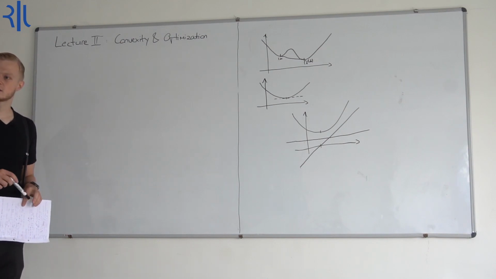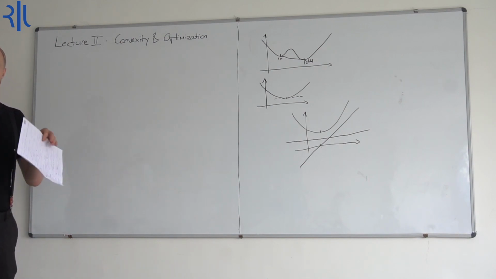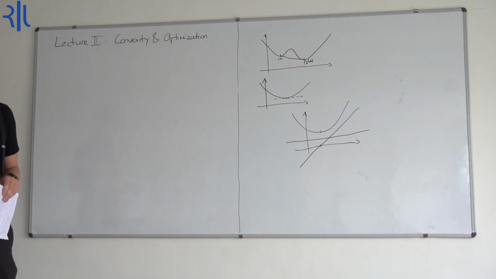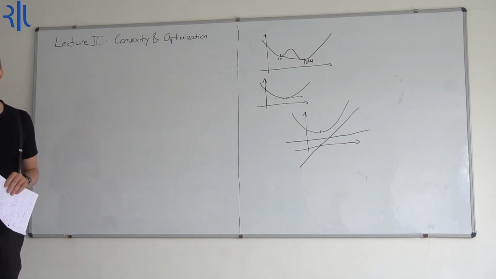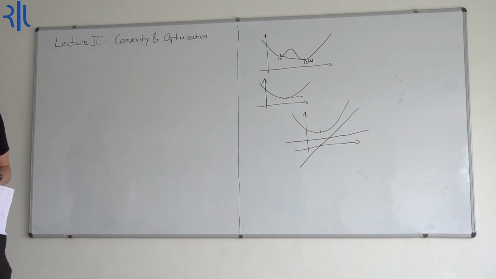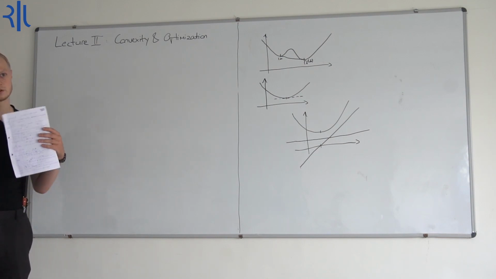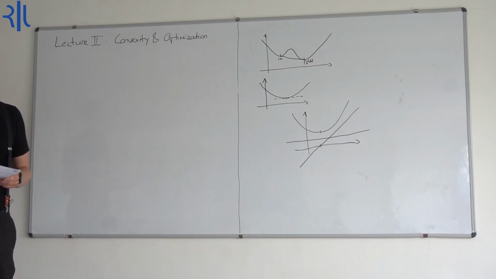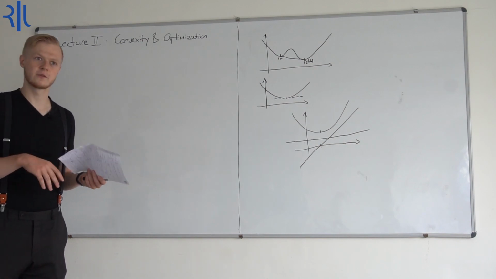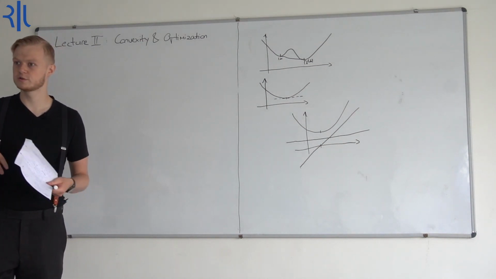In practice, now you might wonder, why do I even have to bother with those things? If you have a problem that is very specific and where you really tailor the solution yourself, then you might have a very unusual function that you have to optimize in order to train your model.